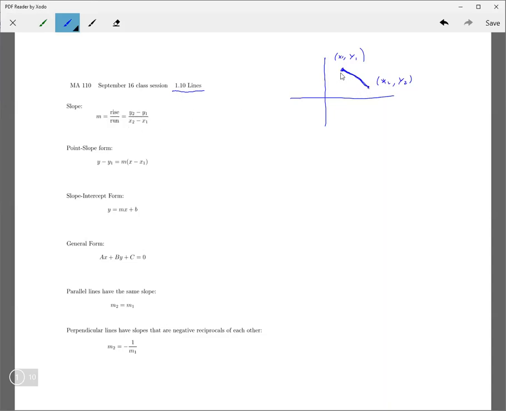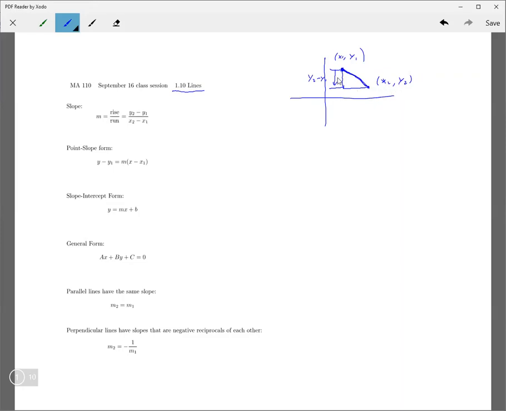The slope is how much it rises over how much it runs. And this just comes down to, if you draw the triangle here, then as you go from this point to that point, you're going y2 minus y1. So this distance here, the amount that you're going down, is y2 minus y1.